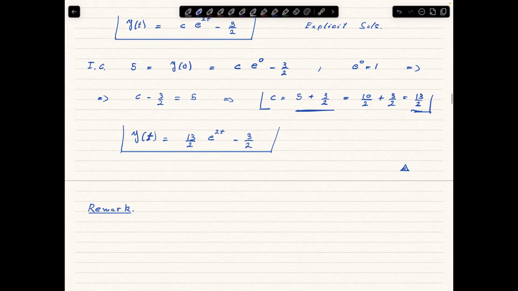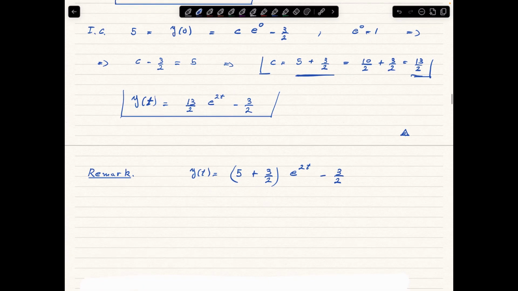And I'm going to rewrite this solution as y of t equal, like we had before. This is the initial condition plus 3 half. Recall, this is the 13 half exponential 2t, and then minus 3 half.